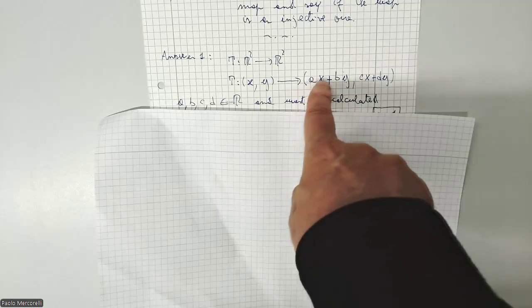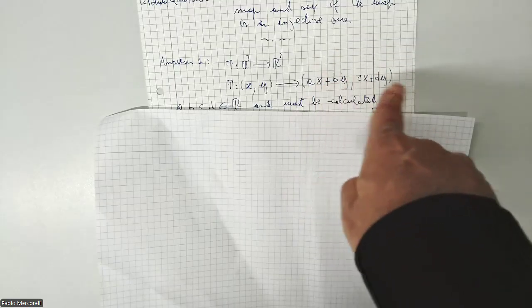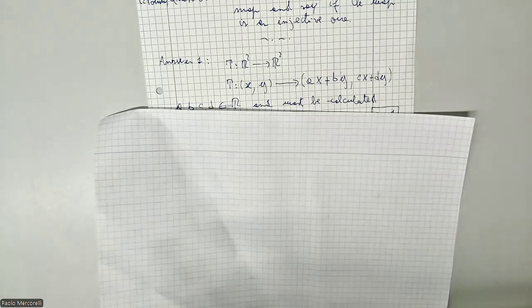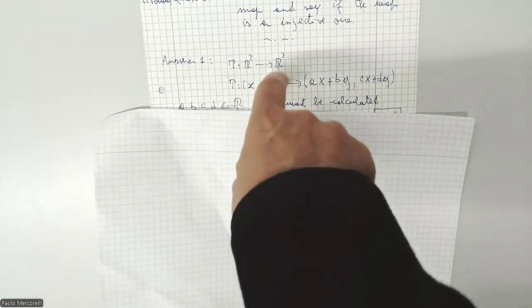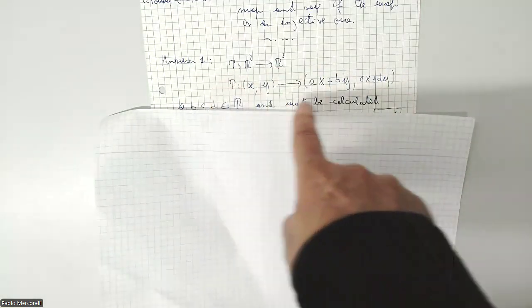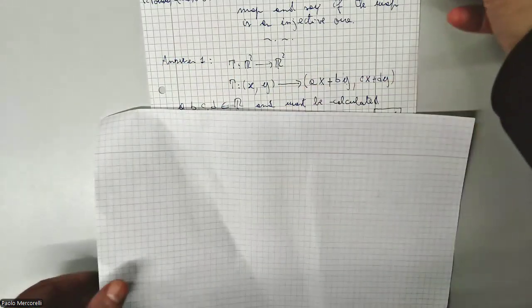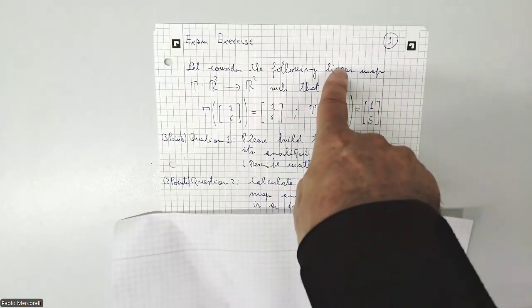We can see here a multiplied by x plus b multiplied by y, comma, c multiplied by x plus d multiplied by y. All possible combinations. I don't know if this explanation can be understood. I have different parameters a, b, c, d for all possible linear combinations between elements x and y from the space R^2 to R^2. This expression here is the general interpretation of the first part, in particular linear.